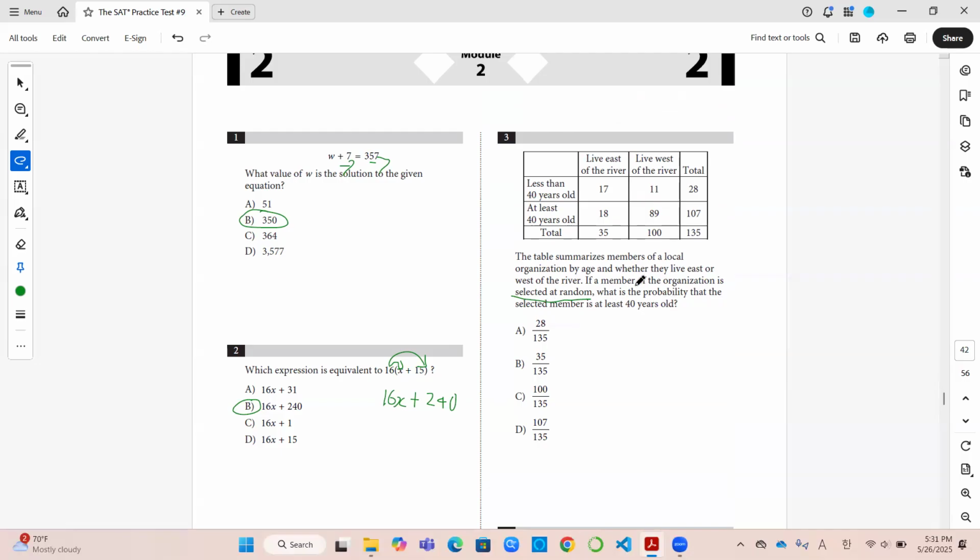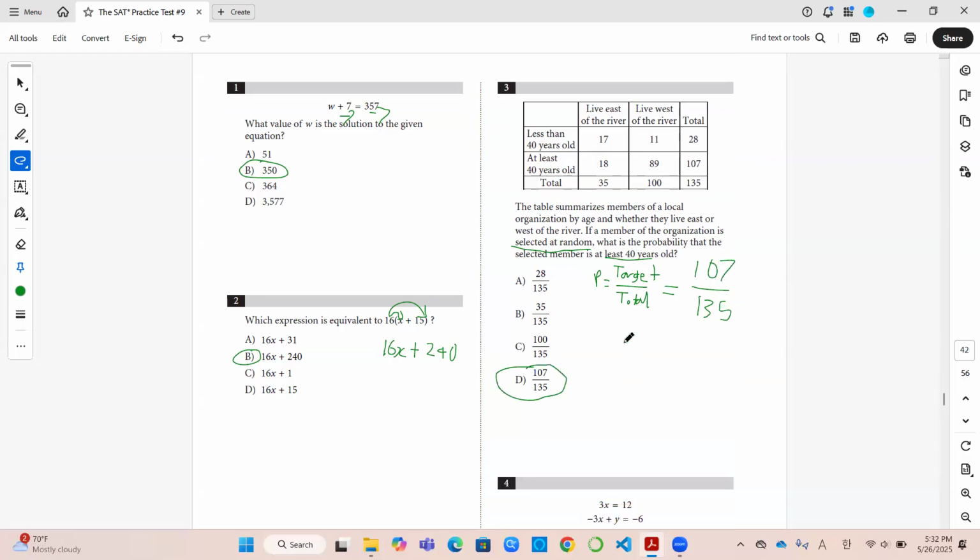Since probability is target over total, and the total is 135, let's put that in the denominator. At least 40 years old, okay, so it's 107, right? So D as in David is the correct answer choice.